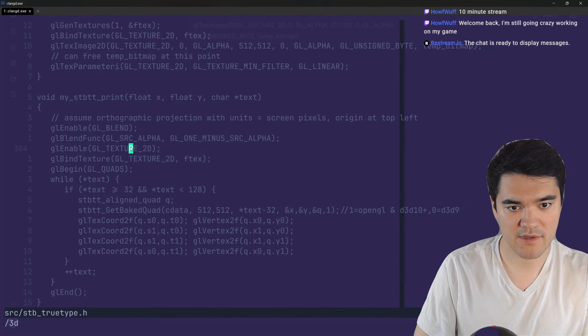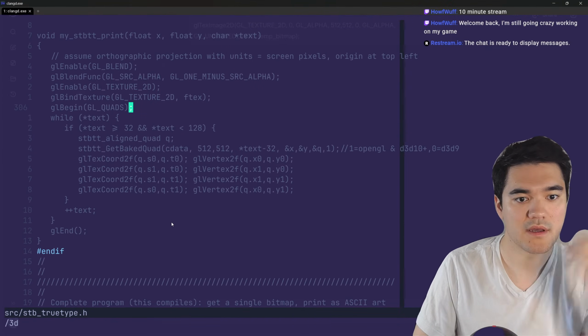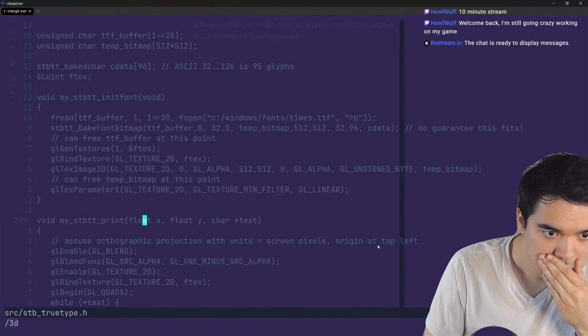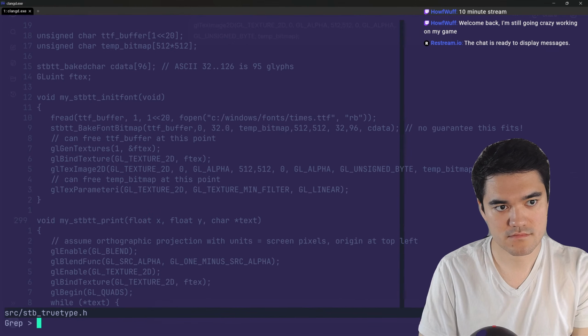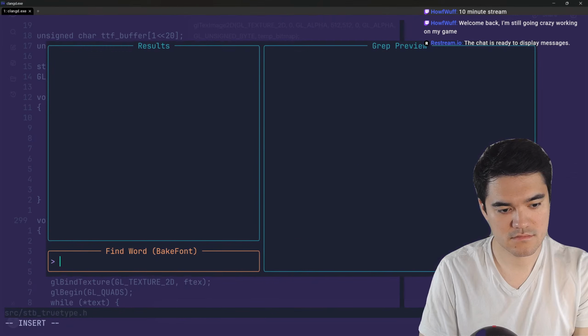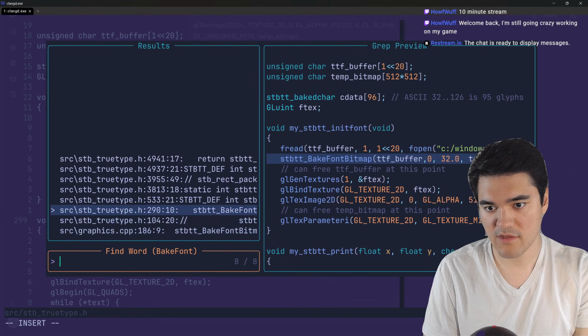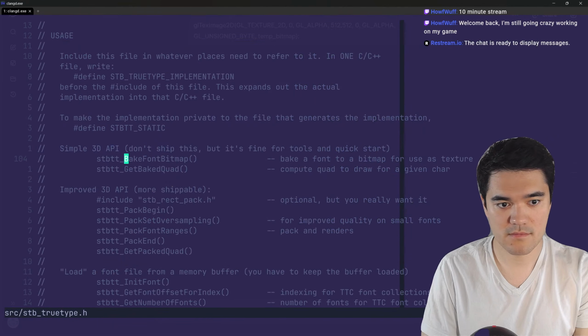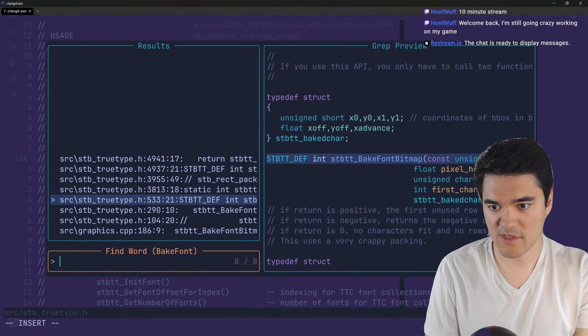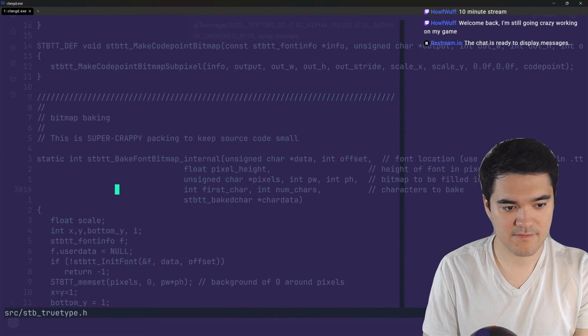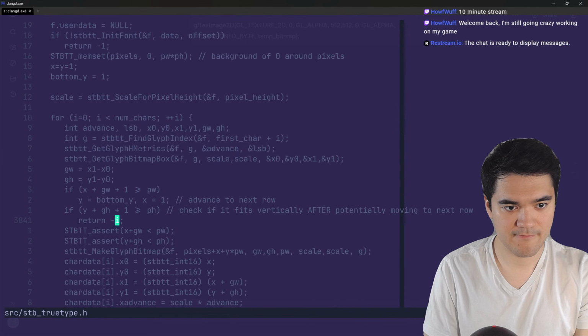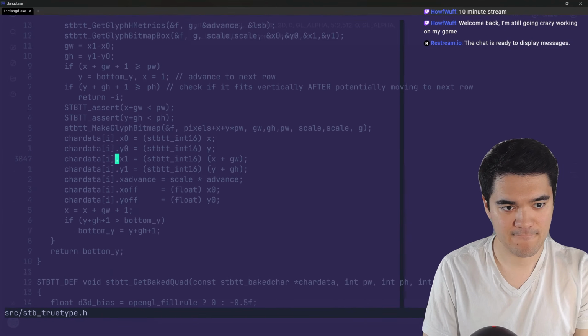Source alpha, 1 minus source alpha. If we can actually find this, make glyph bitmap.